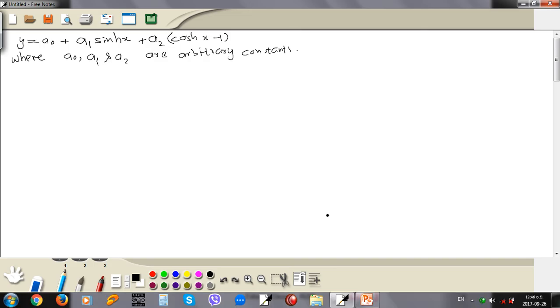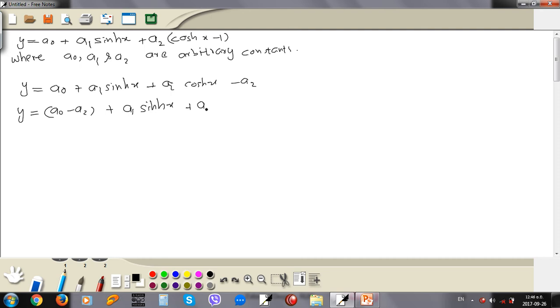So this is our equation. We can write y equals a naught plus a1 sin x plus a2 cos x minus a2. I am taking minus a2 here. So a naught minus a2 plus a1 sin x plus a2 cos x.